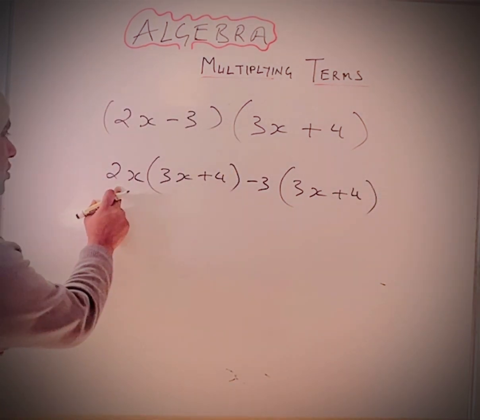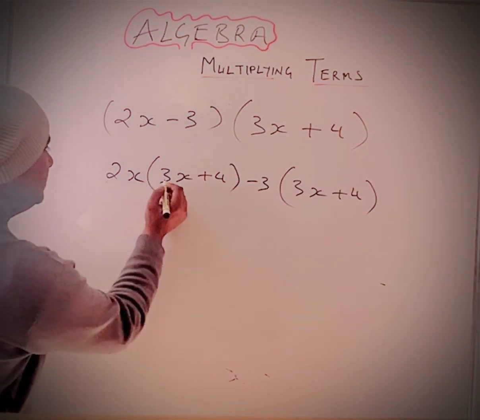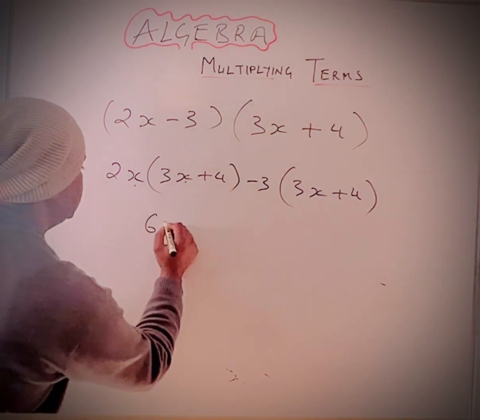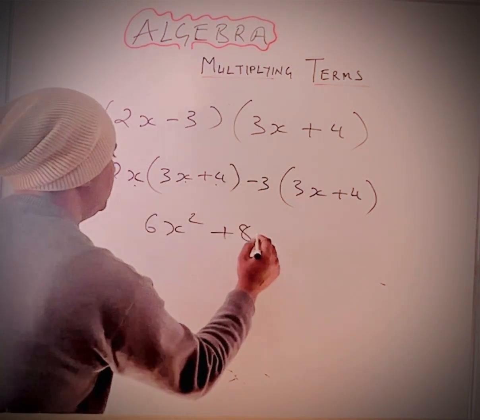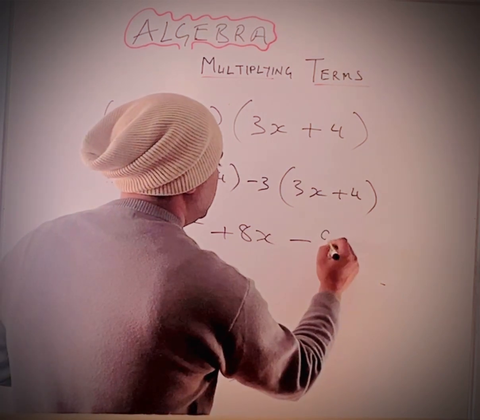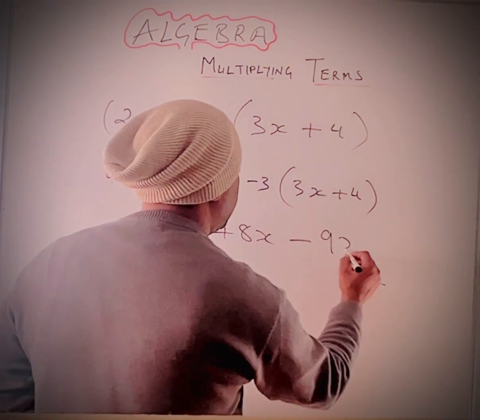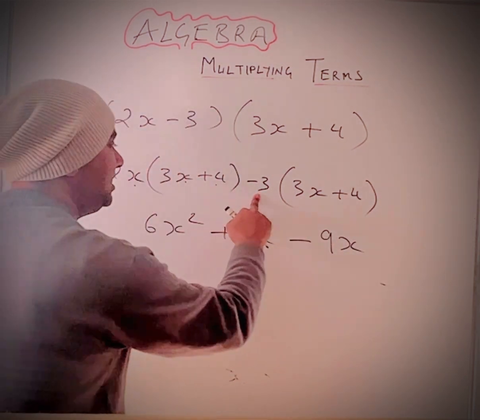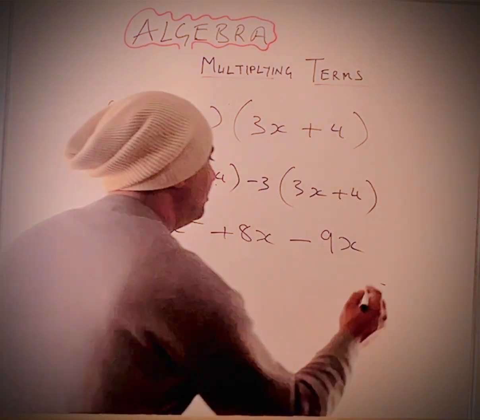Now it's simple multiplication. 2 times 3 is 6. x times x is x squared. 2 times 4 is 8. x will stay the way it is. Now, minus 3 times 3 is minus 9. x will stay the way it is. Minus 3 times plus 4 is minus 12.